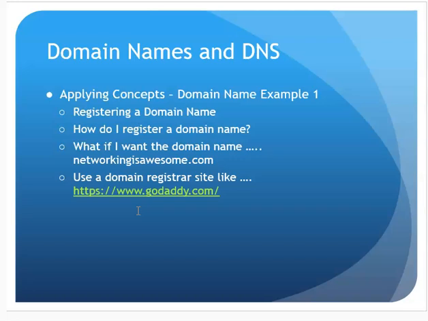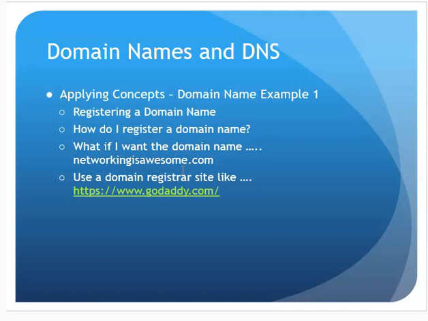Well, if you say I'm going to buy it, part of that process is you plug in your name, your address, your email, your phone number, those kind of things. But then you also plug in that, hey, this networkingisawesome.com, we're going to point to this IP address. And that IP address would be the web server that I'm going to host the website on. That way people could actually find it.